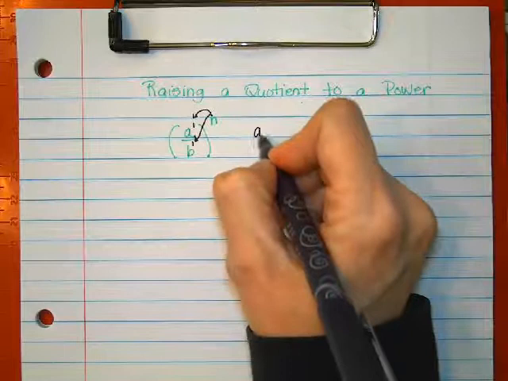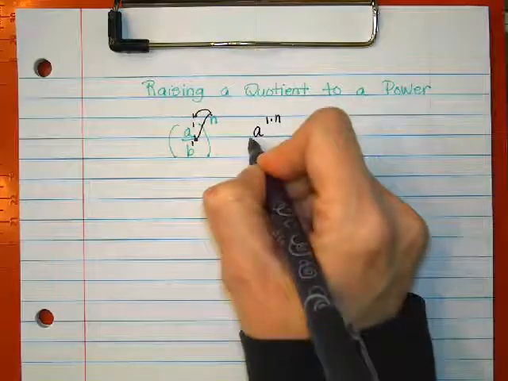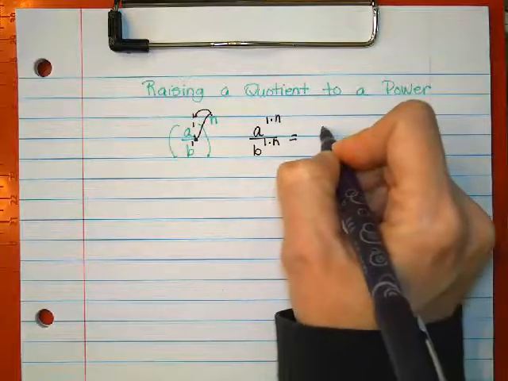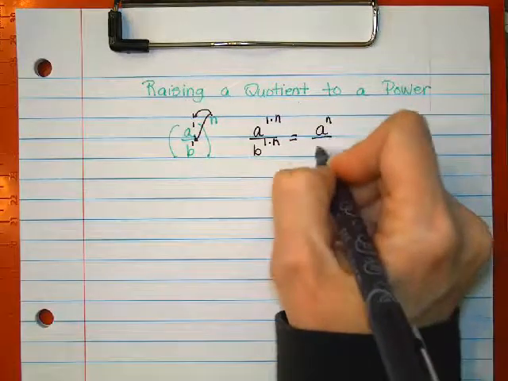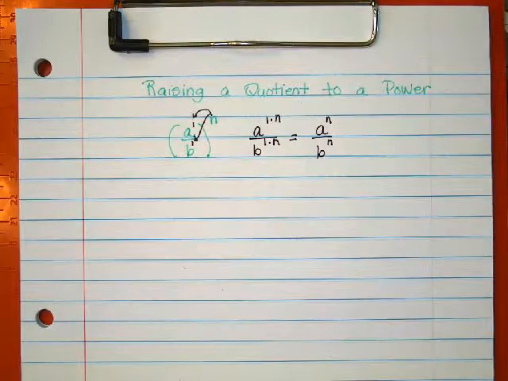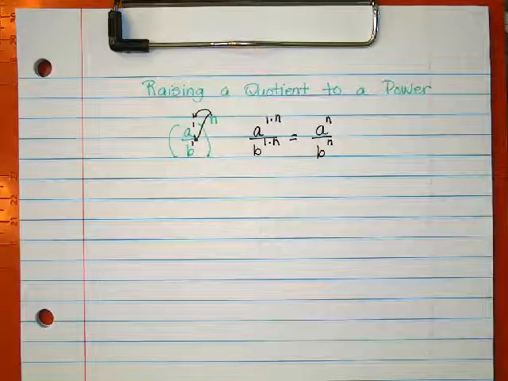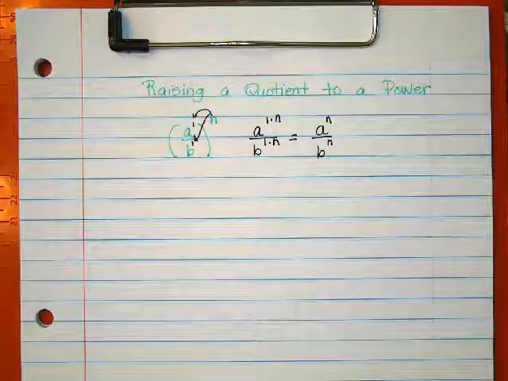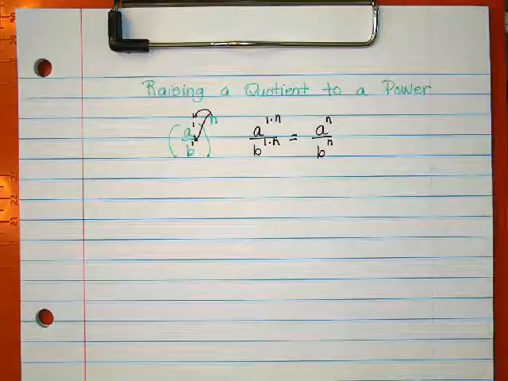So this becomes a to the 1 times n over b to the 1 times n, which now becomes a to the n over b to the n. Then if they had the same bases, then we would use the same rules of which we have learned thus far. So now we're going to teach you how to do that and how to simplify.